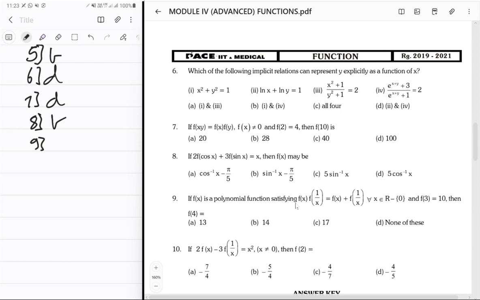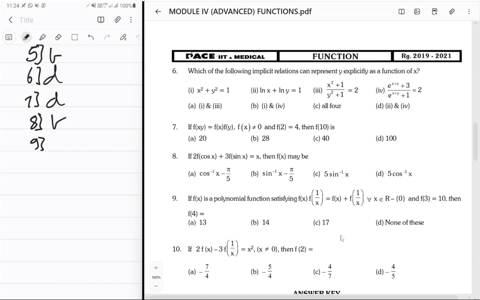So suppose f of x was of degree n, then this would have the highest degree being n as well. And similarly over here, the highest can be n, and the lowest will be negative n. Yeah, sure. That isn't doing anything.